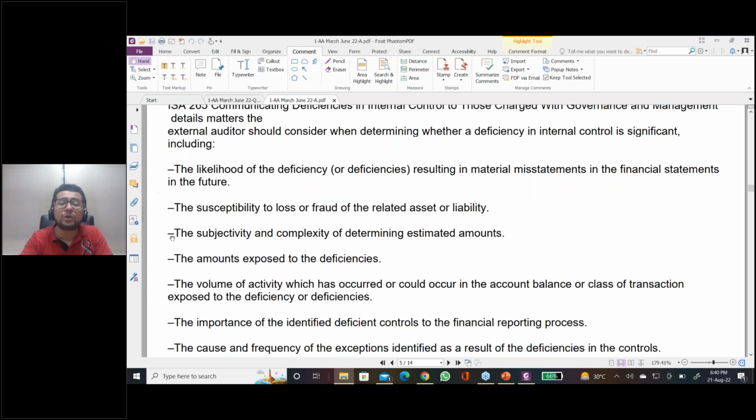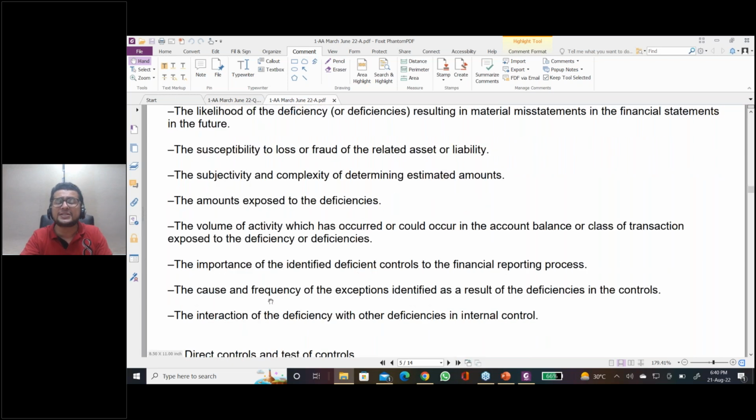If it is an important control of the overall financial reporting process, such as the bank reconciliation.